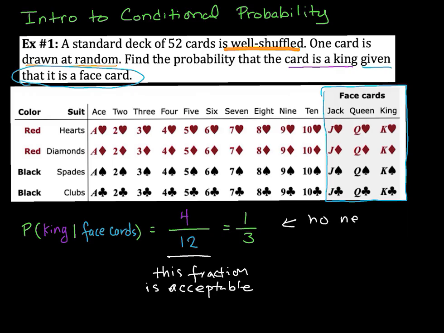No need to reduce. But it's like a compulsion for me to reduce it, so I just can't not. All those years of algebra. Okay, so it's about 1/3, right? And that makes sense. Part of why I reduced it is because I like to see that this is 1/3, so the queens are another third and the jacks are another third.